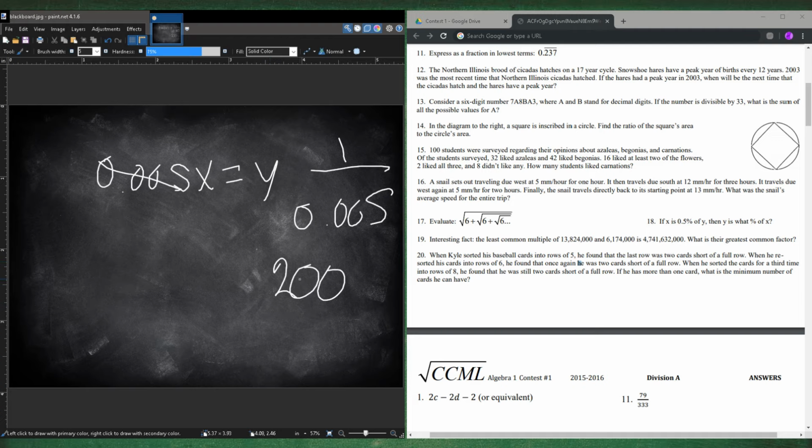Since 200 is the decimal version of the percent, you have to multiply by 100 to get the percent. So now you just have to add 2 more zeros. So this is 20,000%. Sorry about that. Percent. 20,000%.